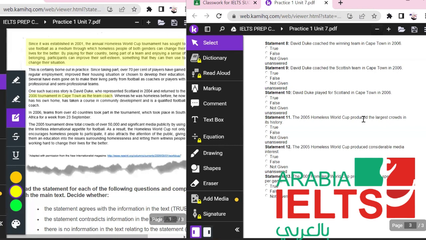Then the last one says the 2005 Homeless World Cup produced 50,000 spectators per game. False. Per game.